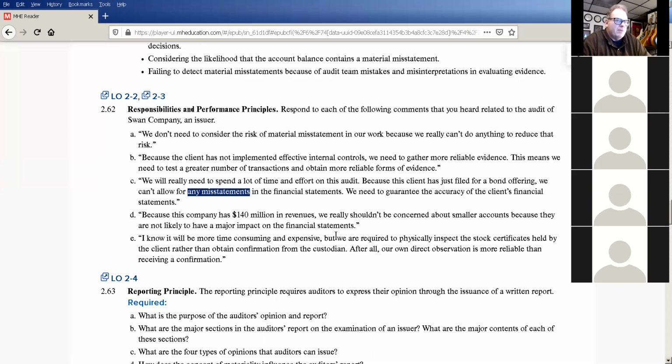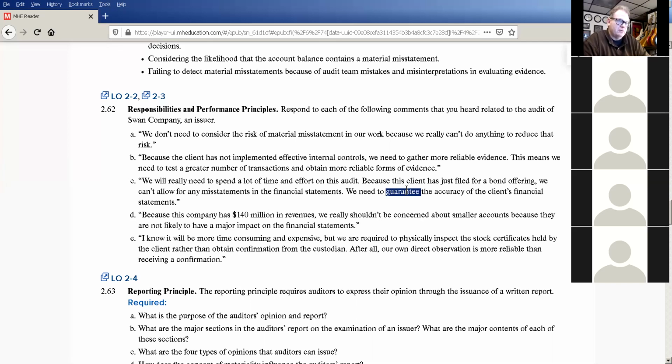And we don't look for any misstatements, only misstatements that are material. So look for material misstatements. We don't guarantee, you're right, we give reasonable assurance. And we never actually come out and say that the financial statements are accurate. We say they're free of material misstatement. In other words, they might be misstated, it's just not material. The only misstatements we look for are material.